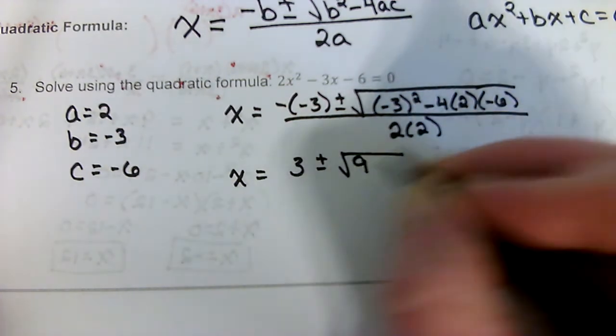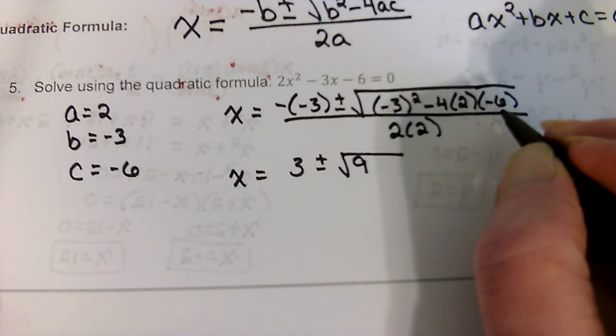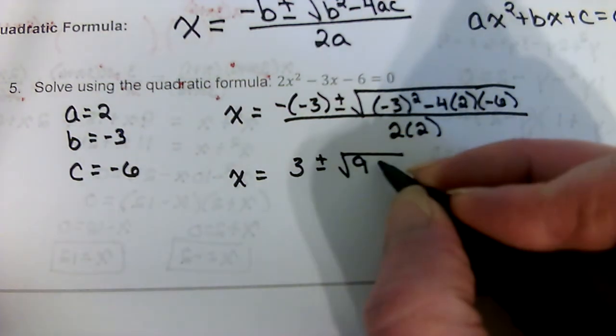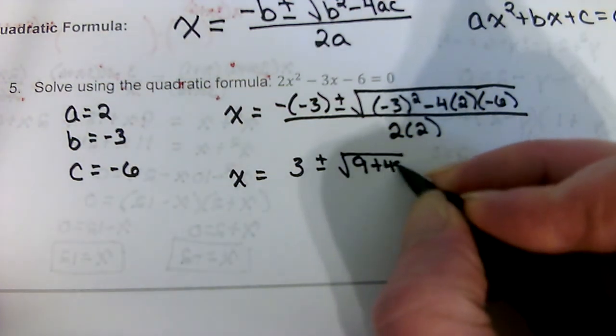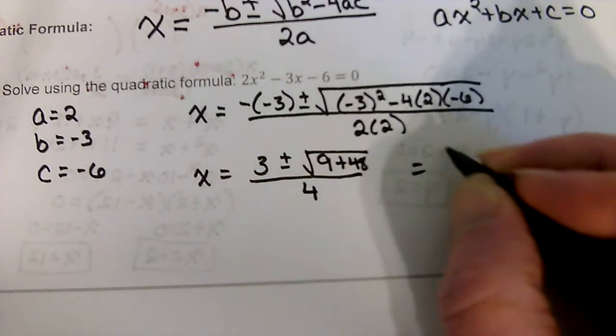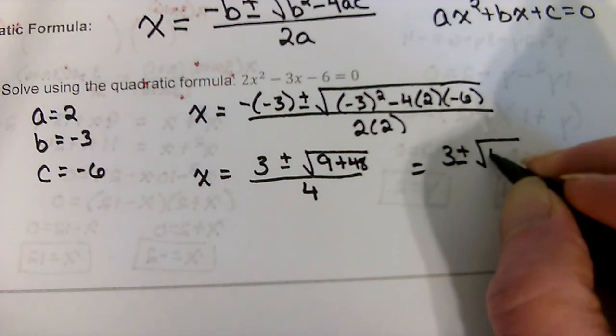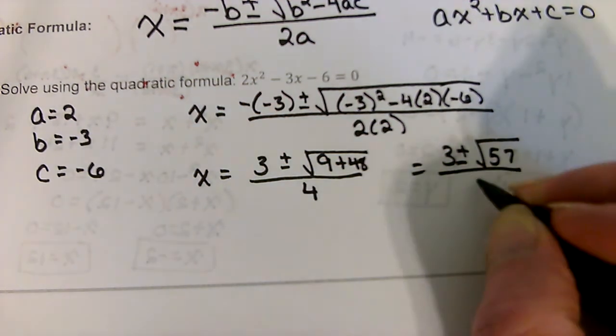Negative 3 squared is 9. Then this is negative 4 times 2 times negative 6. That's going to be a positive 48. So 3 plus or minus the square root of, that's what, 57?